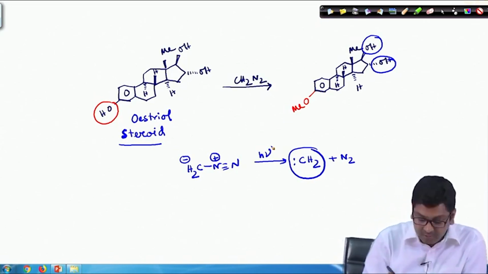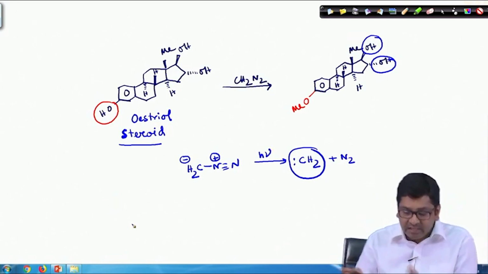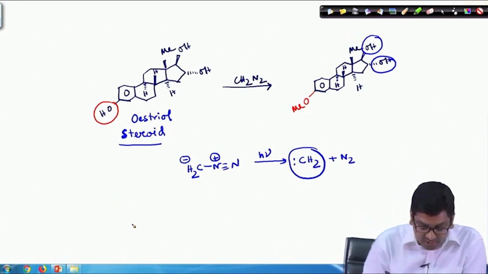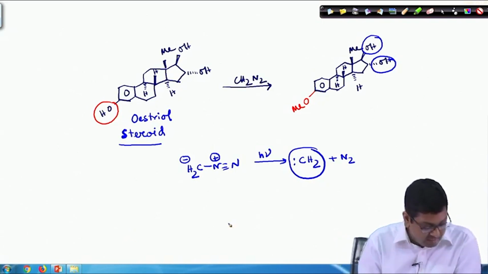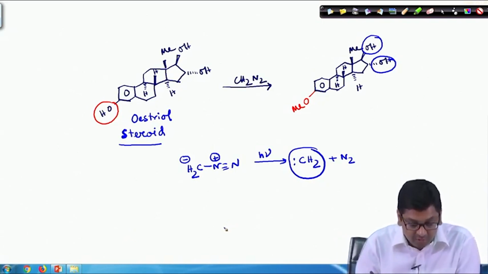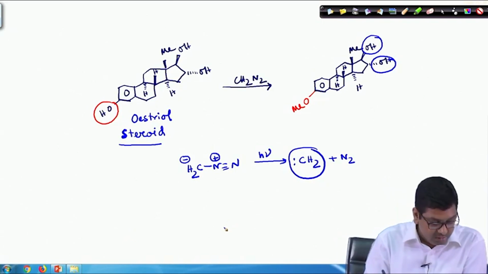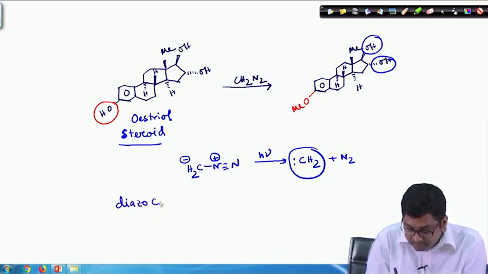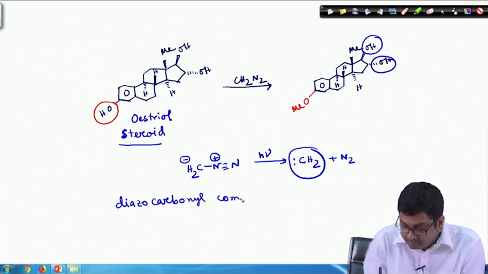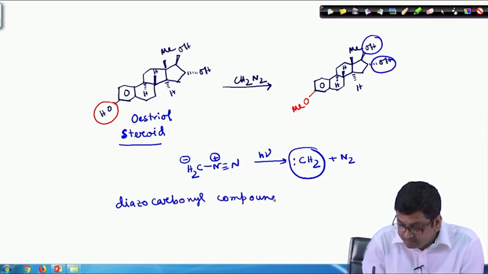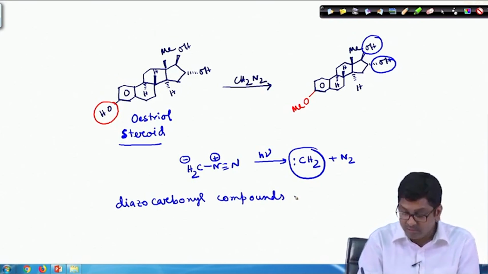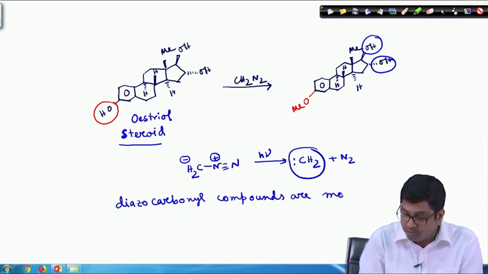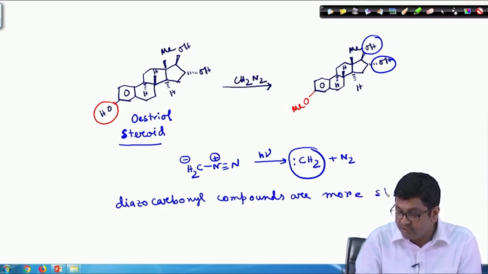So, having such limitations, people started thinking about diazocarbonyl compounds as carbene precursors, okay, because diazocarbonyl compounds are more stable compounds.